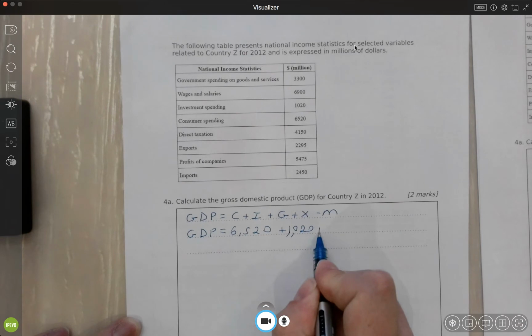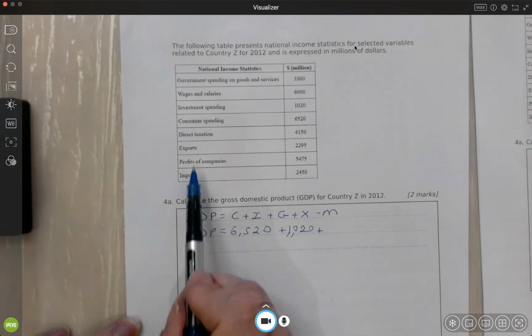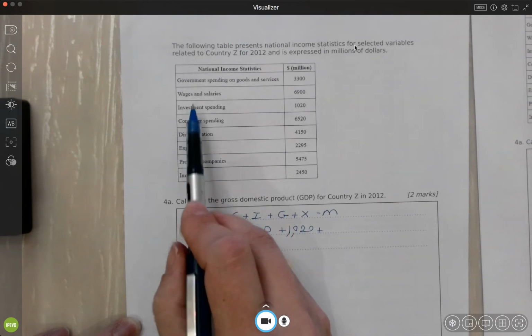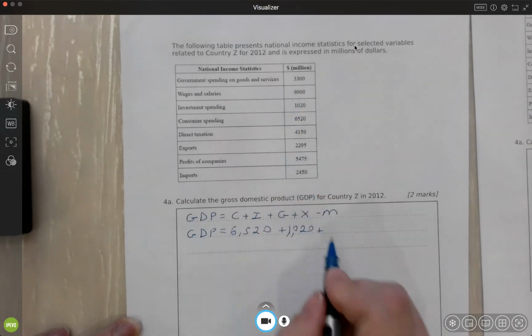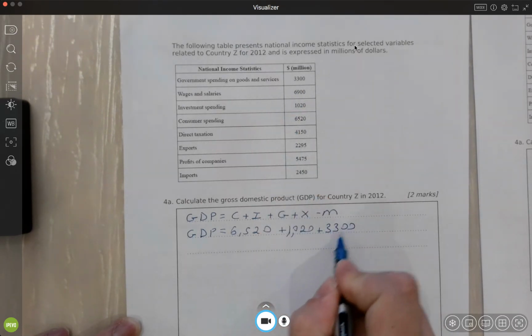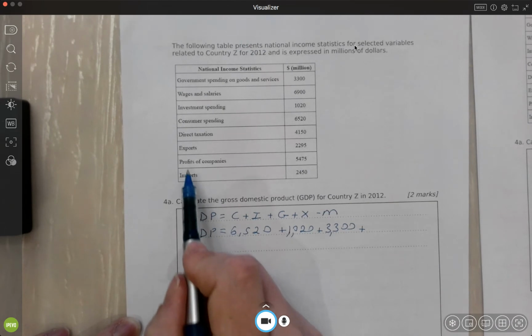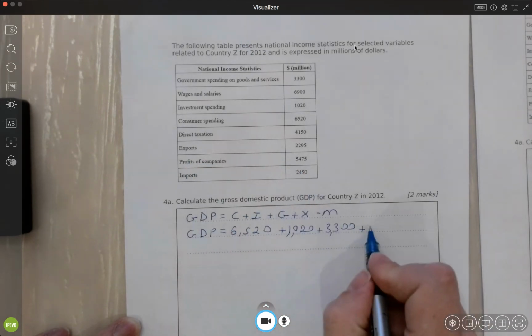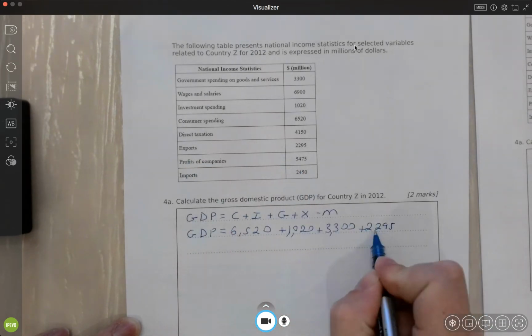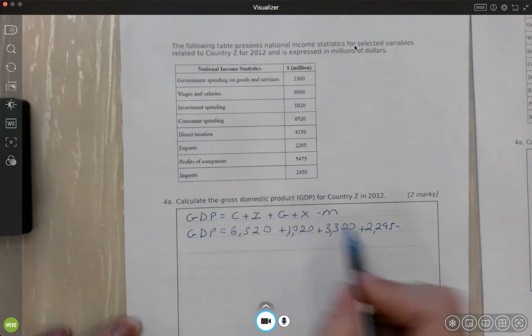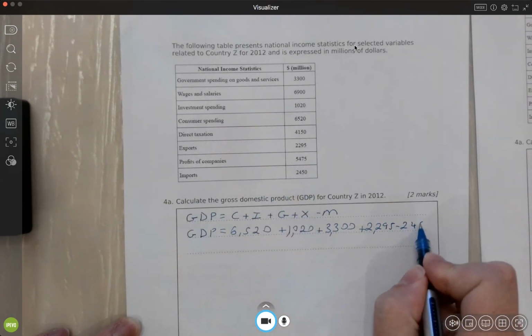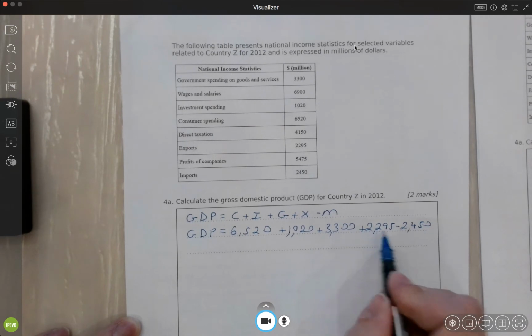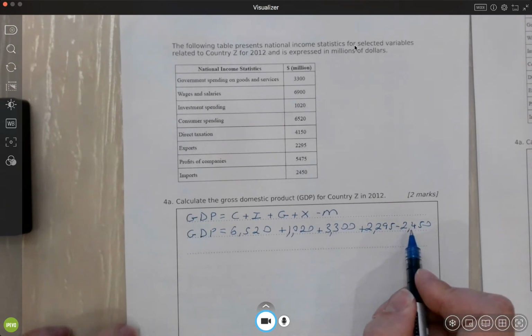What's government expenditure? Let me find it. Government expenditure is 3300, plus exports, which is here, 2295, minus imports, which is 2450. Remembering that exports minus imports is the balance of trade.